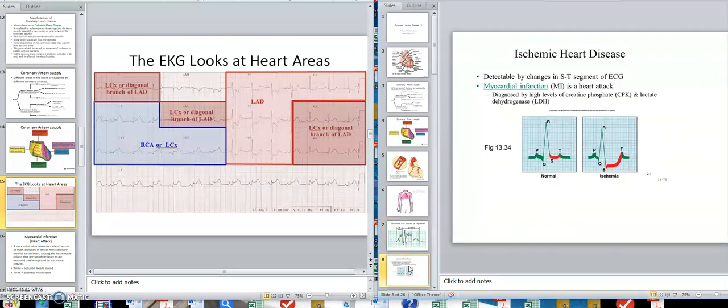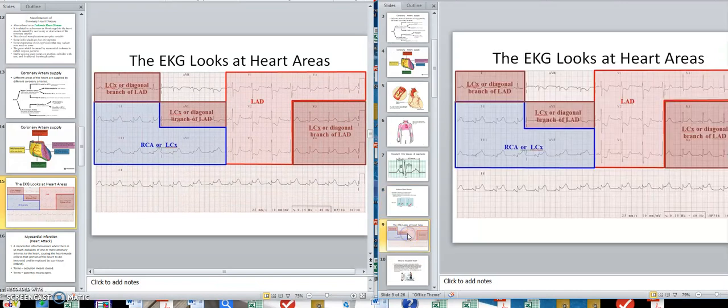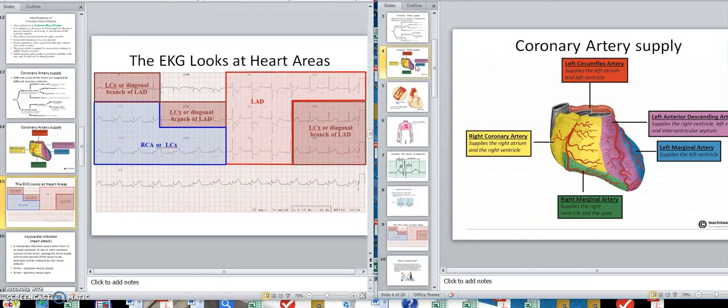See, let's look here. That's a sagging of that area. All right. Now, going further. Where it sags on the EKG would determine the location of which coronary arteries could possibly be involved.